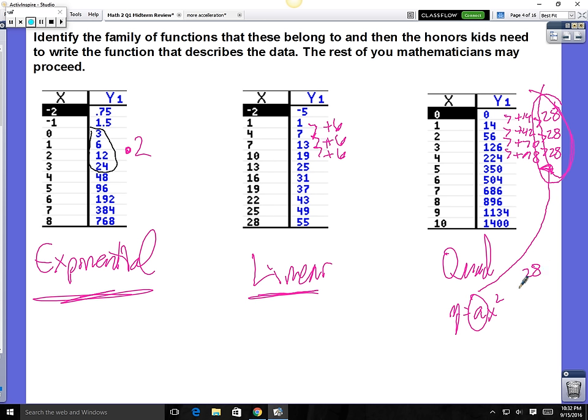Take 28 divided by 2, so your model would be y equals 14x squared. Okay, linear, we need m and b. M is 6 and b is, oh dude, suck. M is not 6.